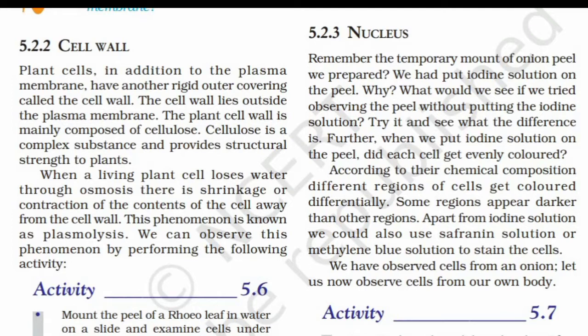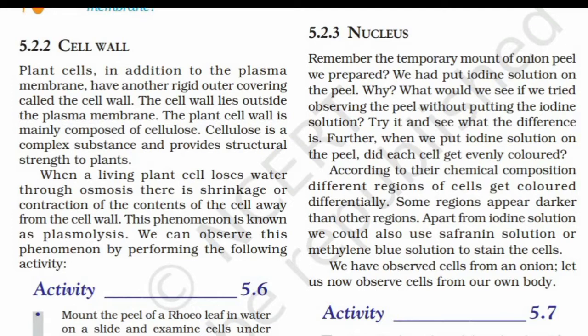to the plants. When a living plant cell loses water through osmosis, there is shrinkage or contraction of the contents of the cell away from the cell wall. So, very interesting. When a living plant cell loses water through osmosis, we saw the process of osmosis in the last video, there is shrinkage.